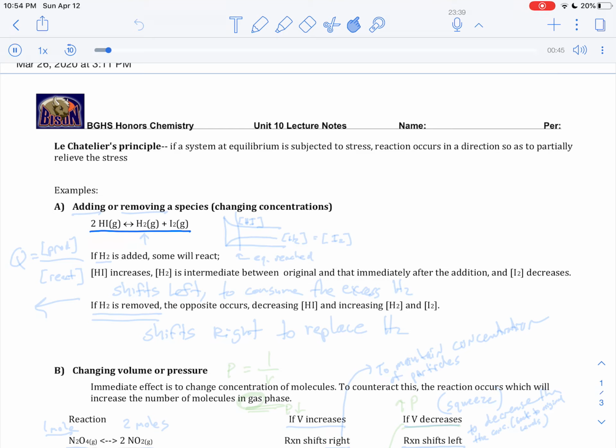Remember that the concentration of the reactant goes down and the concentration of the products goes up, and since both products have a 1-to-1 ratio, their concentrations will be the same. Equilibrium is whenever the concentrations no longer change, so this line represents when equilibrium is reached.